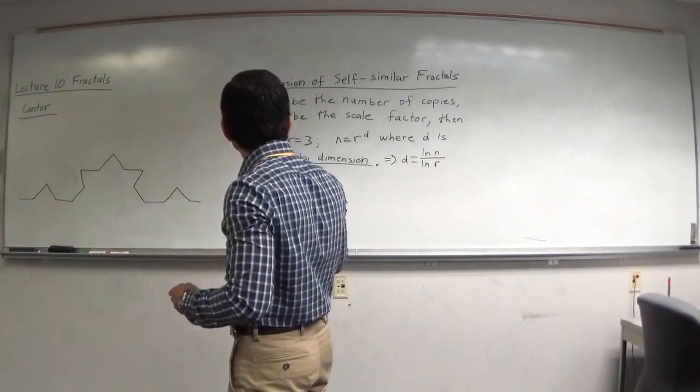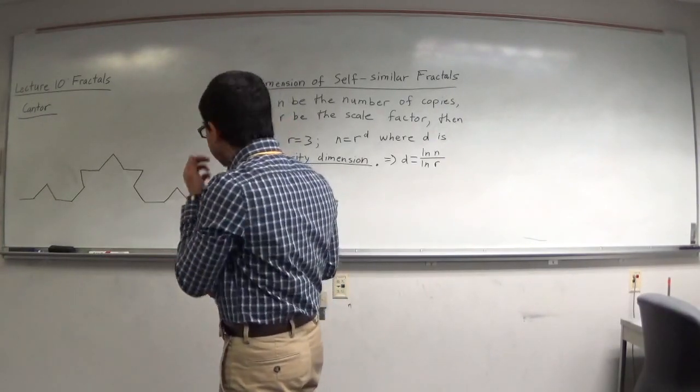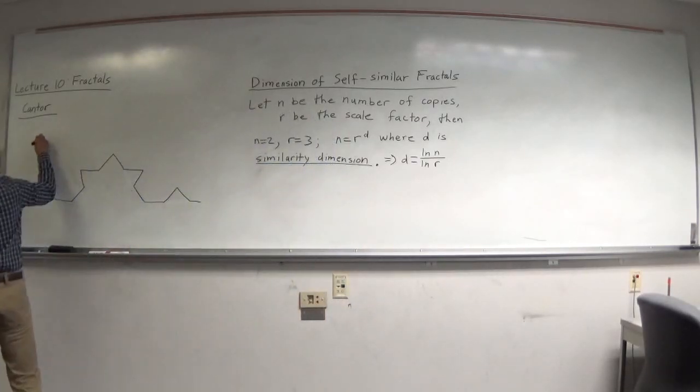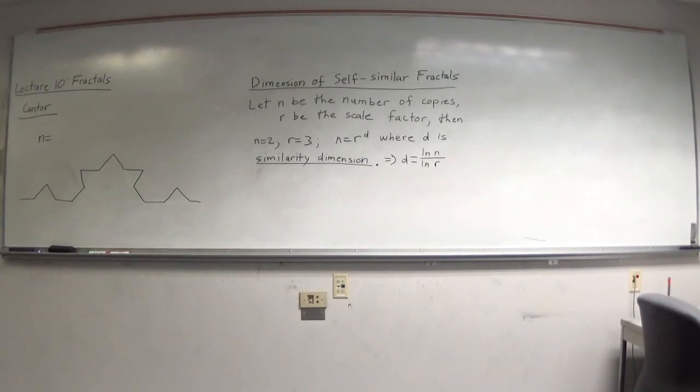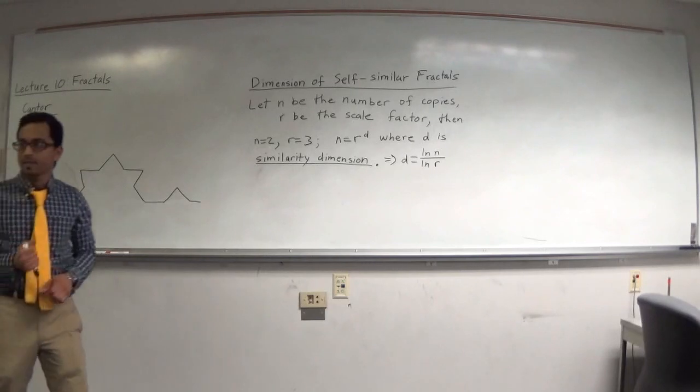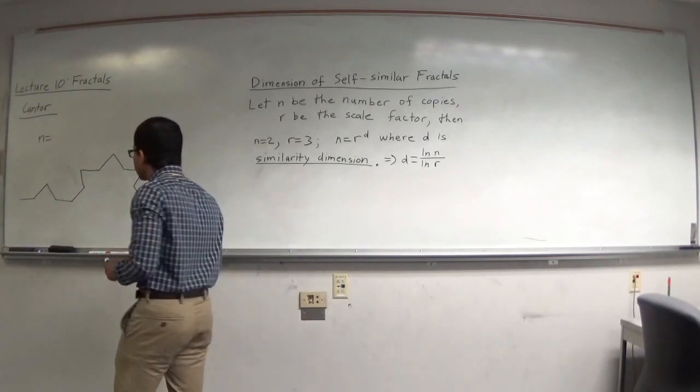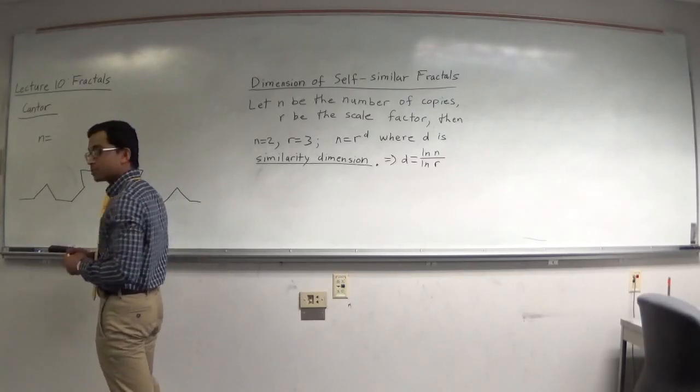So let's compute the similarity dimension of this. What is n going to be in this case? How many copies are we making each time? We're not making 2. We're making 4.